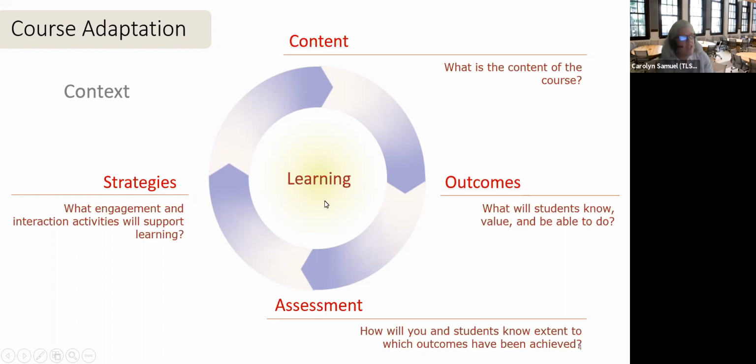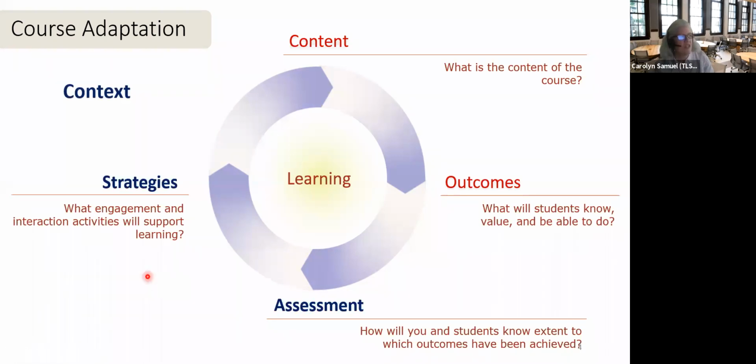So what's changed? Our context is different. The assessments we need to use in this new environment might be somewhat different, and the strategies that we need to engage our students might be somewhat different. But the content and the outcomes are likely going to be the same. So keep this framework in mind. It should be of some comfort to you to know that we're not starting everything from scratch.